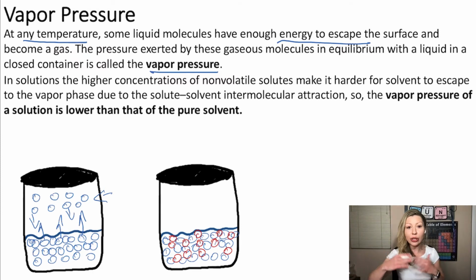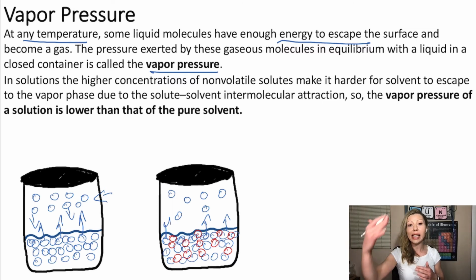And even if you just look at this picture, you can see that some of the surface of the water is actually covered with these non-volatile solute particles. So we are going to have less of these molecules from the liquid going into the gas phase.